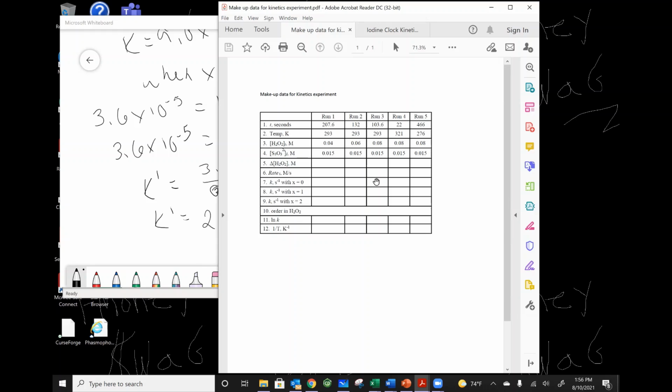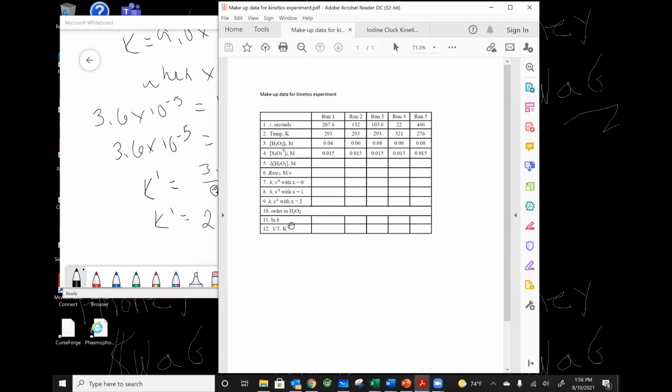And that will give you the relative standard deviation. Same thing with this one. You'll take the standard deviation of these 3 and then divide that by the average of these 3. And the same for row 9. Okay, and that'll give you your order of H2O2.